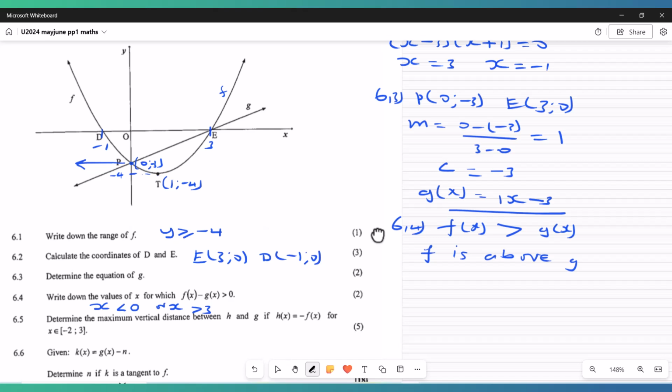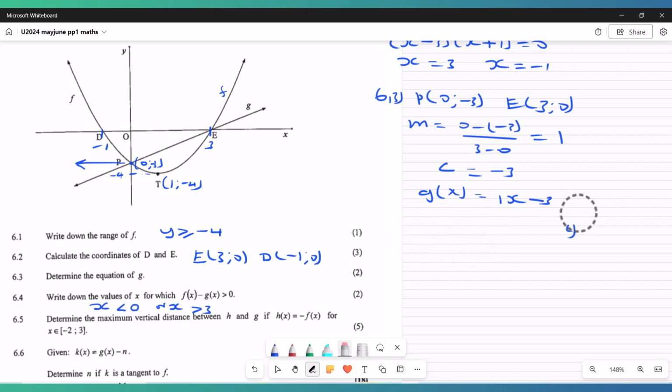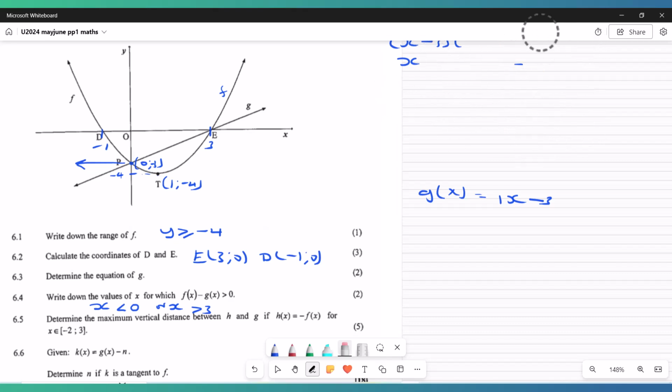In this particular case, let us get our h of x first. Now from here, I want the vertical distance.